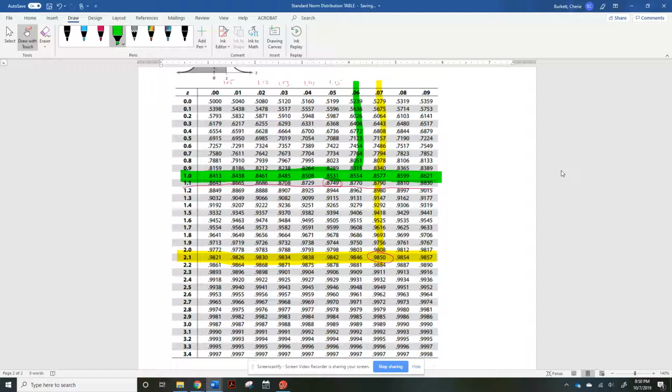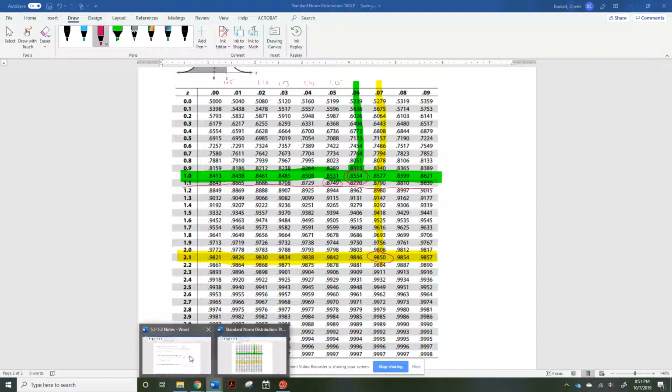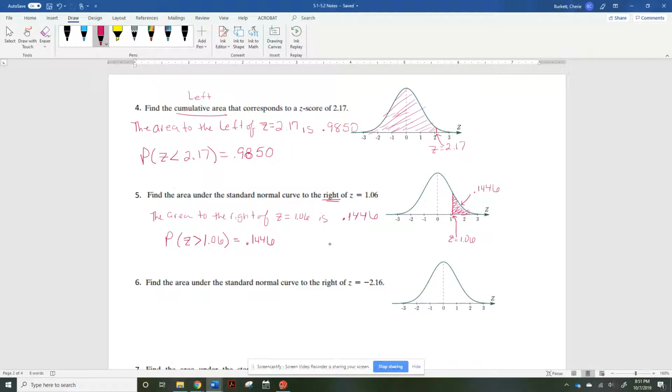So there's the number right there. It is 0.8554. So what we get for this area right here is 0.8554.